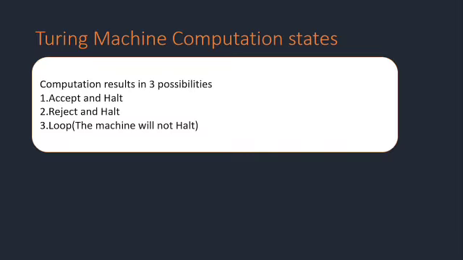In case the string cannot be determined, the machine might enter an infinite state, and the Turing machine will enter a loop. That is called an undecidable state. That means it is neither accepted nor rejected. That case is called the undecidable state.